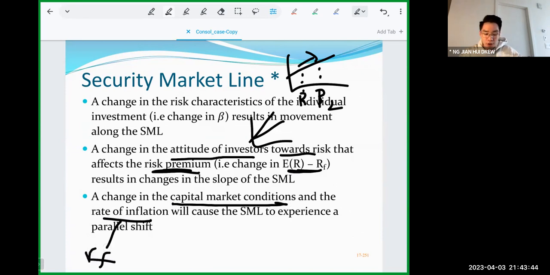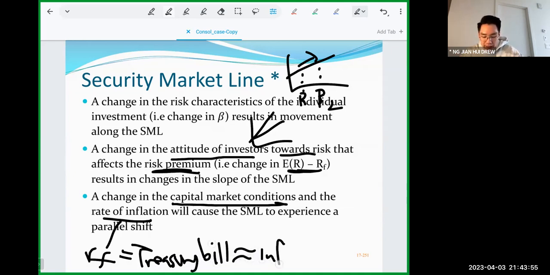Remember, your risk-free is measured by your treasury bill, and at the start of the lecture I said it would be somewhat equal to your inflation rate, and we saw how it was quite similar. So if there is a change in the capital market conditions, there will be a parallel shift in the security market line.